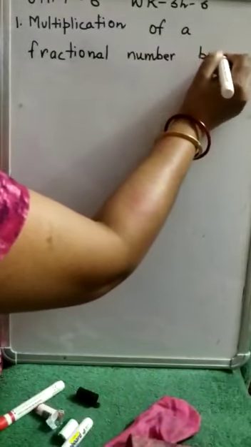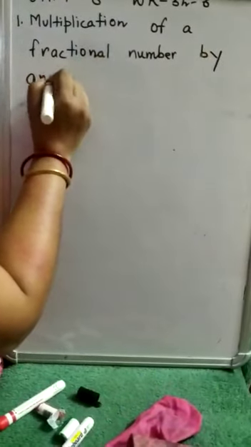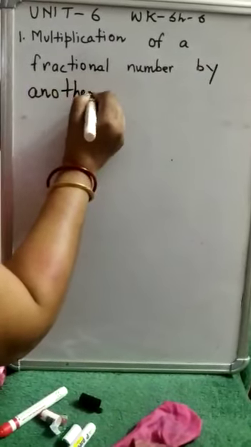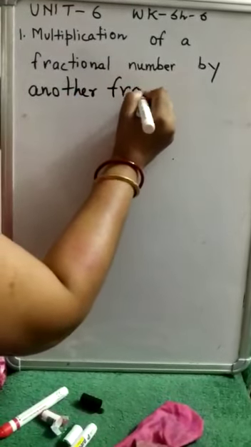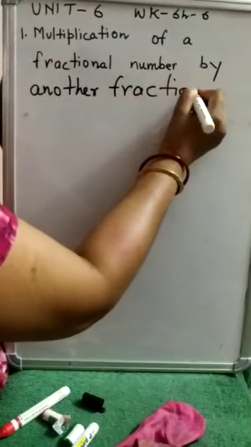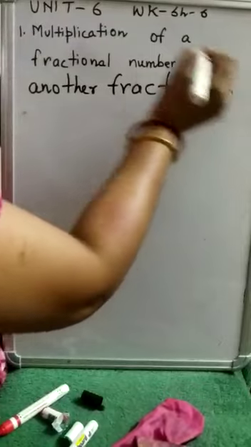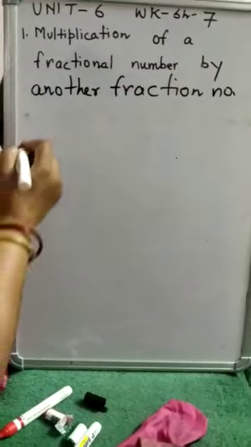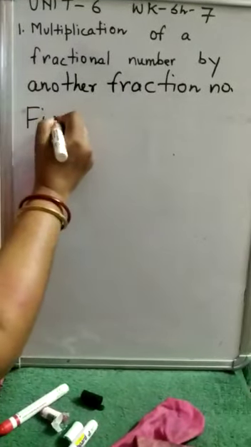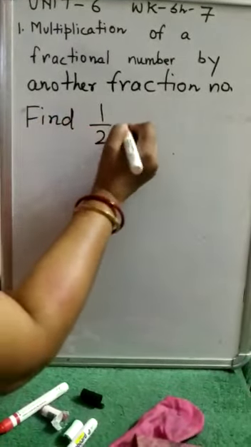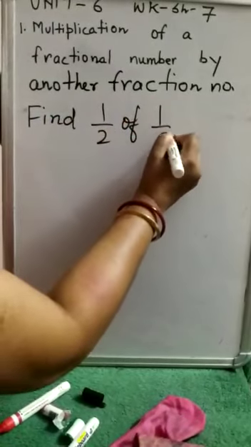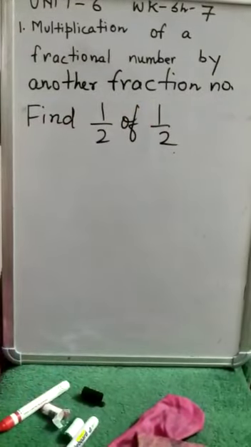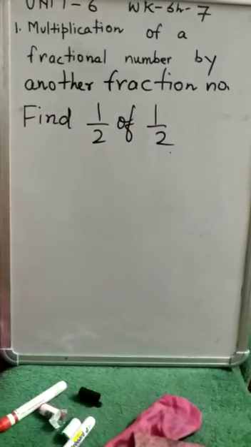It is worksheet number 7. So here children, the question is find 1 by 2 of 1 by 2. Correct? So here children, what we have to do?